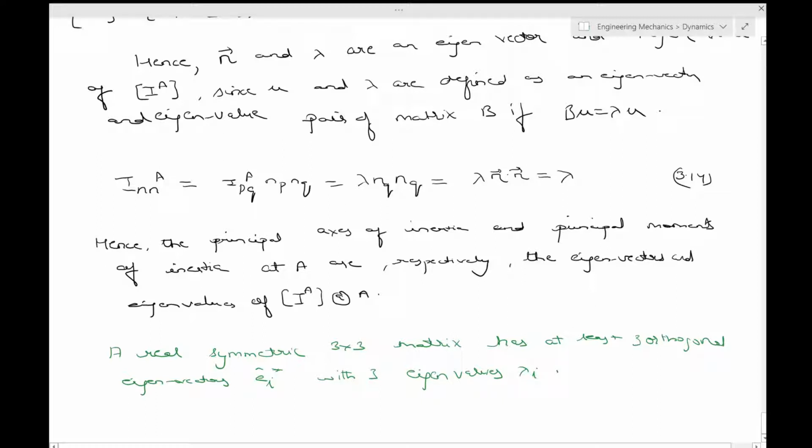These results are not really specific to moment, so the inertia tensor. It's true practically for all tensors.